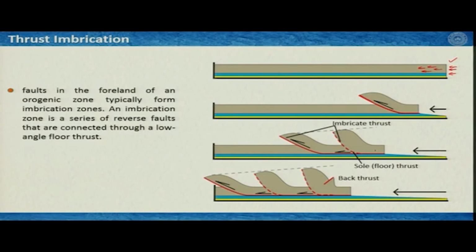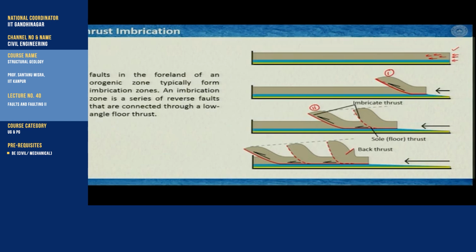Now if this deformation continues, then interestingly it generates another thrust in the front of the previous thrust. So this is my first thrust and this is the second thrust. With the second thrust, interestingly, this thrust line here becomes passive. So there is no displacement along this line.